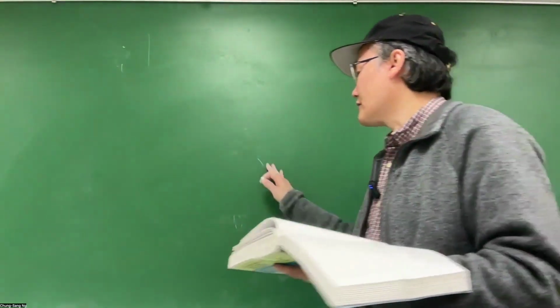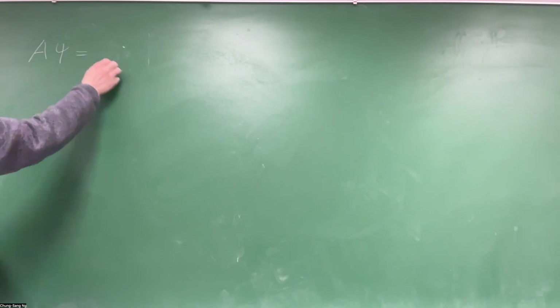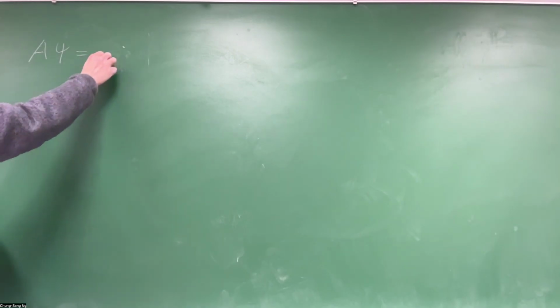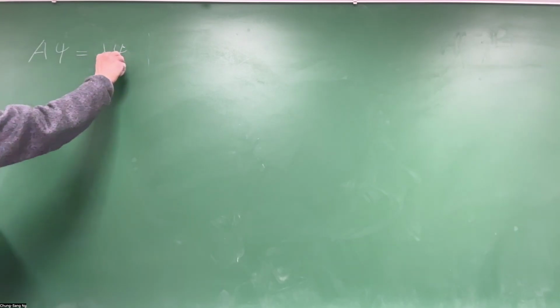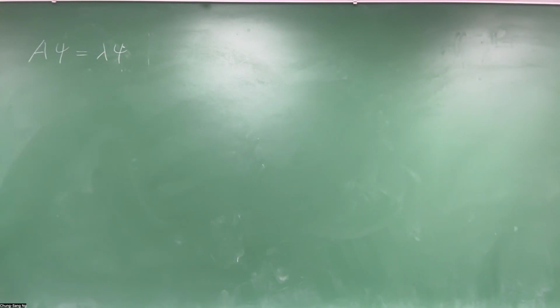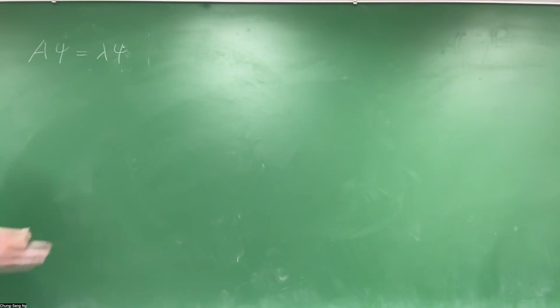And many equations have the form, in this vector space, where the operator acting on the vector psi is proportional to the psi itself, with a proportionality constant lambda. And this operator can be any operator, like a differential operator, an integral operator, or something else.